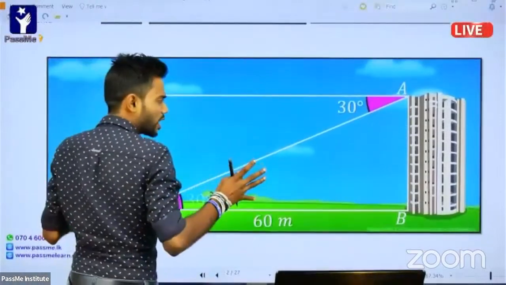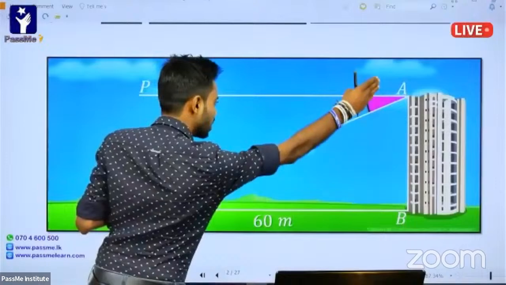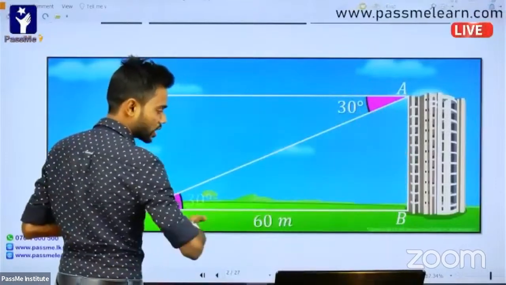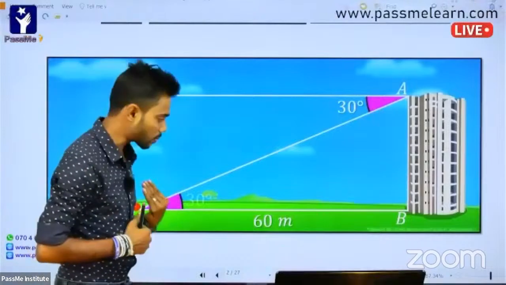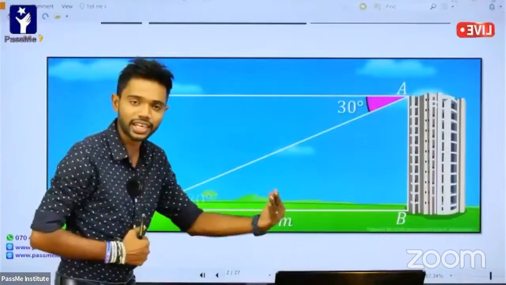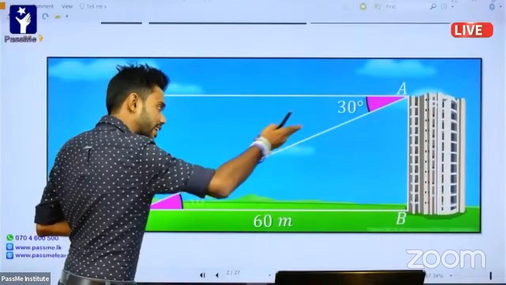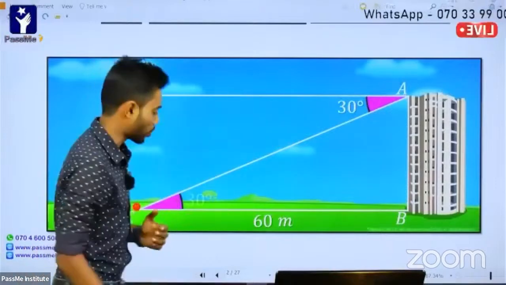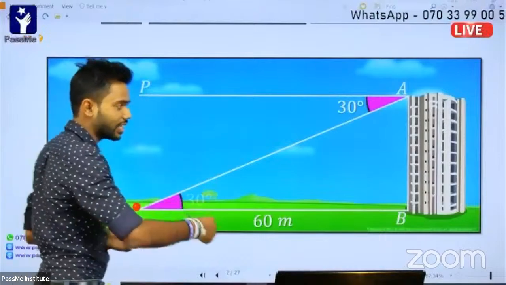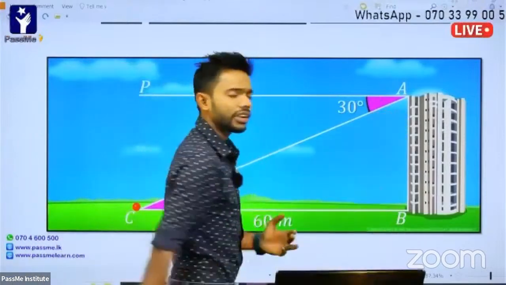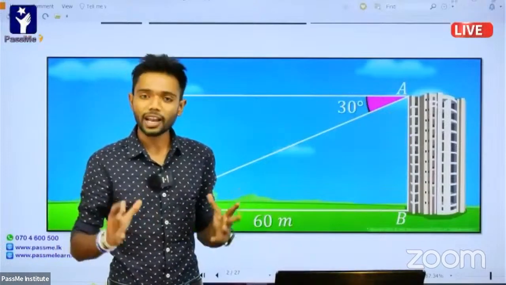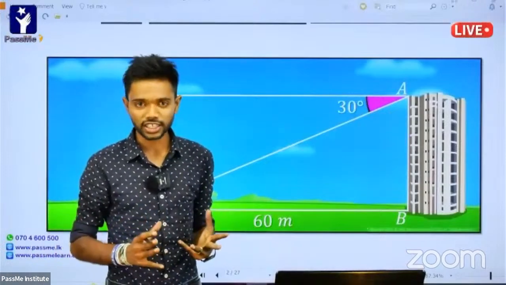Likewise, you can find the height of this building, and if you want to find the distance between you and the building, or the angle here and the angle here, we can do the calculation to find the unknown thing.